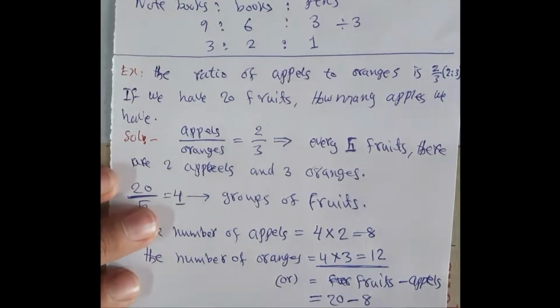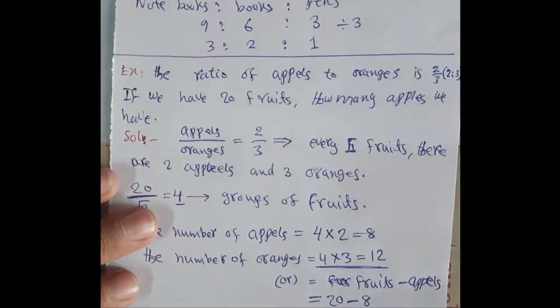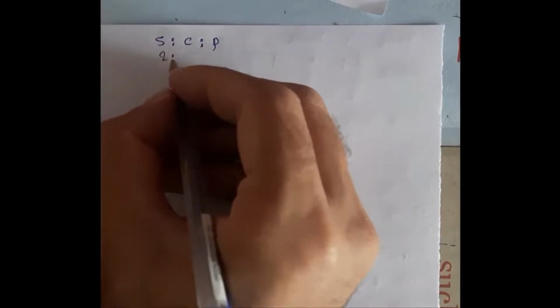Here is another example. The ratio of sheep to chickens to pigs is 2 colon 5 colon 10. If I have 51 animals, how many chickens do I have? Here we write sheep, chicken, pig: 2, 5, 10.